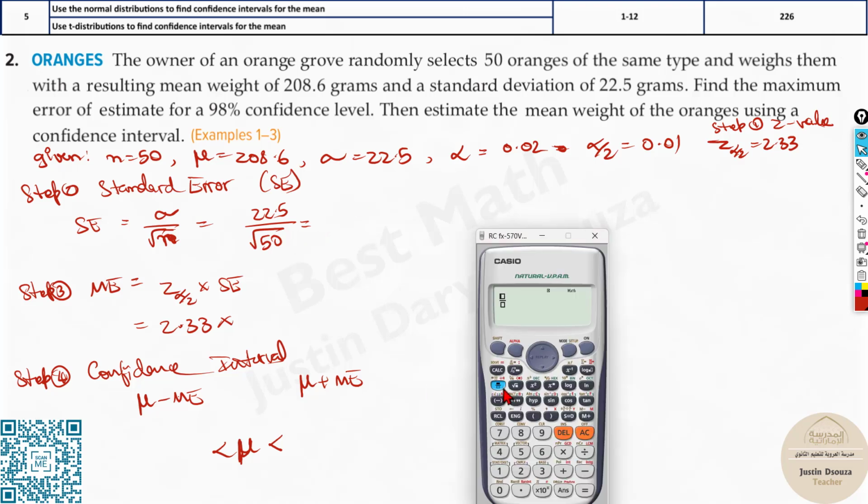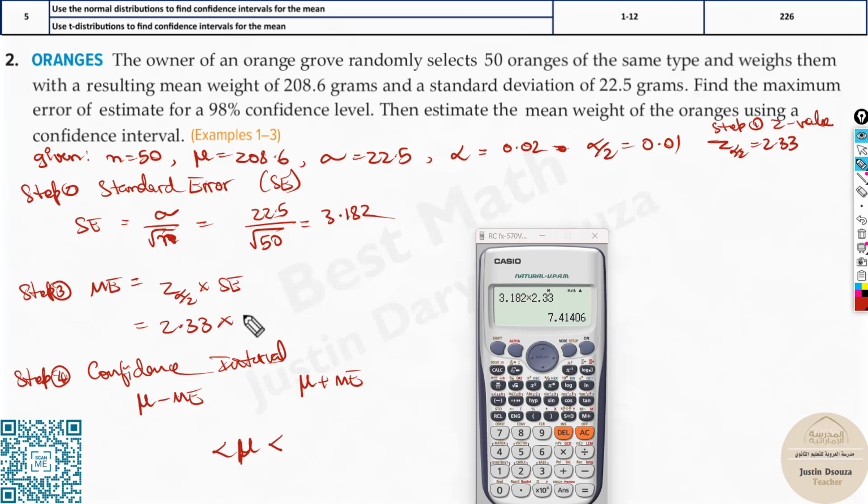Now let's put everything in the calculator and solve it one by one. Over here, first thing is 22.5 divided by the square root of 50. The answer would be 3.182. I'll just take three digits after the decimal point. And over here, we multiply 3.182 times 2.33.